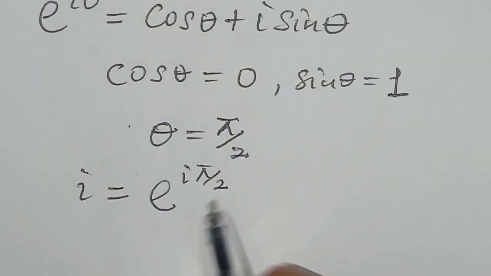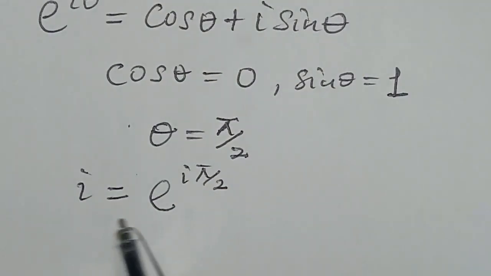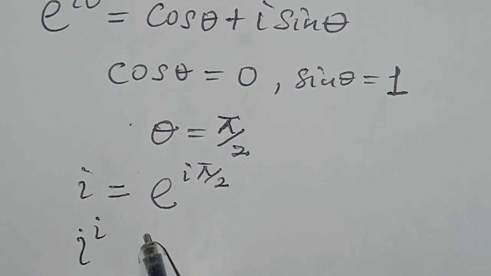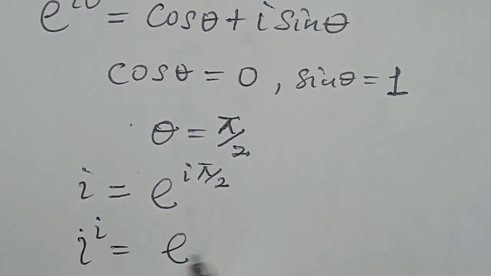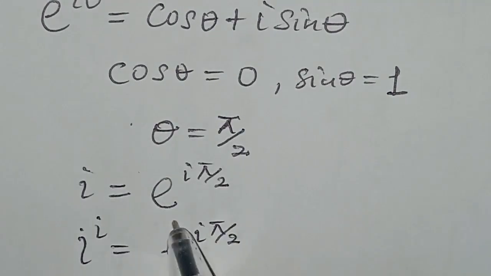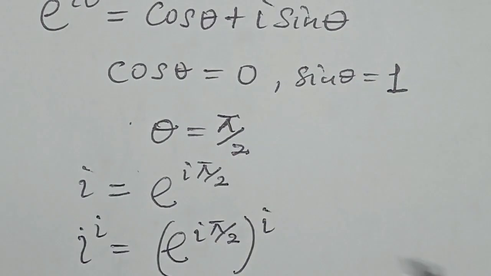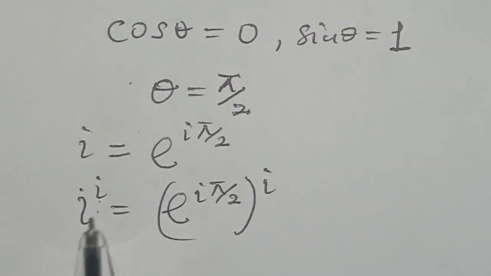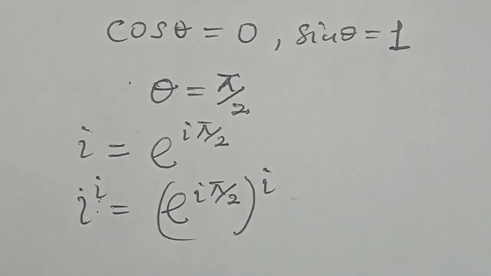From this step we raise both sides to the power of i, then that can be written as i to the power of i is equal to e to the power of i pi over 2, then power i. So we have multiplied both sides with an exponent i over here.